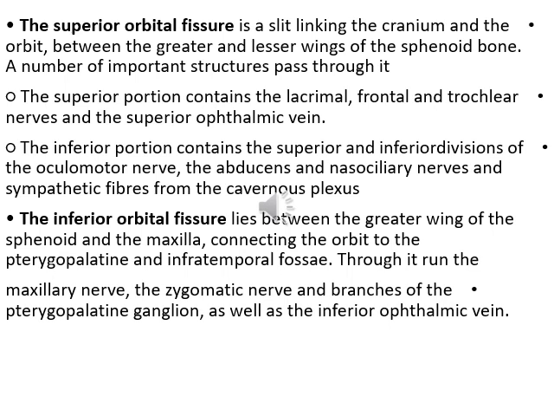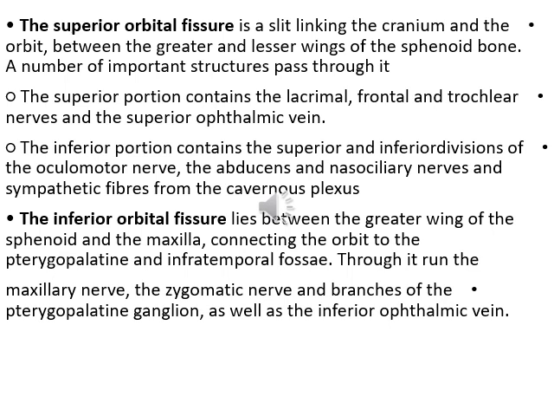Its superior portion contains the lacrimal nerve, frontal nerve, and trochlear nerve, together with the superior ophthalmic vein, while its inferior portion transmits the superior and inferior divisions of the third nerve, the oculomotor nerve, the abducent nerve, and the nasociliary nerve, together with some fibers of the cavernous plexus. These are very important contents you need to notice.